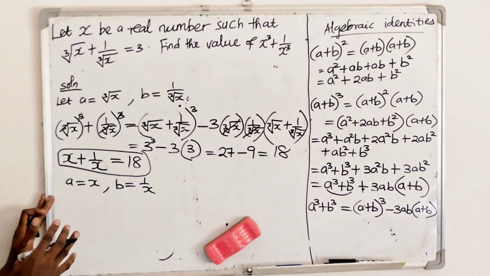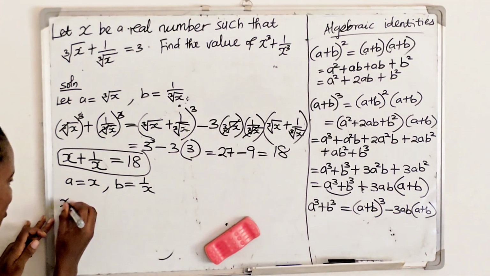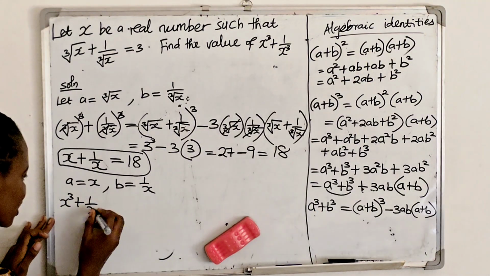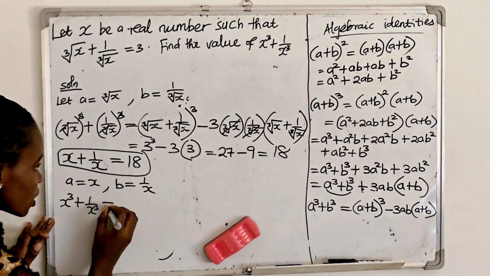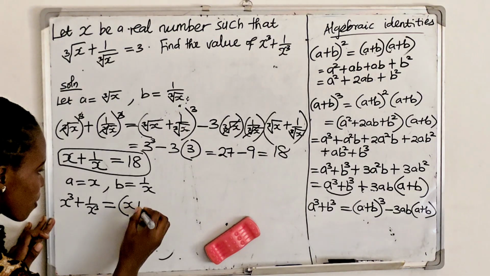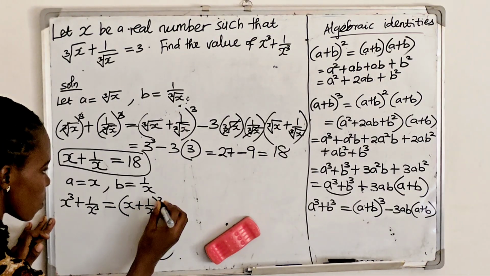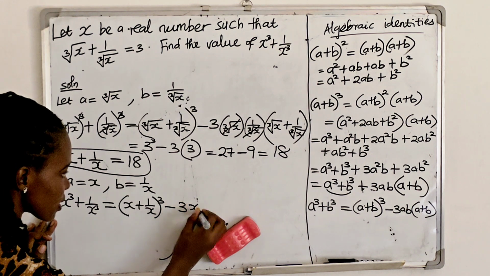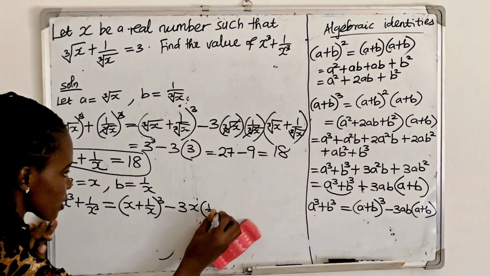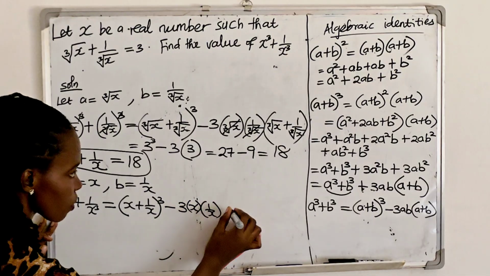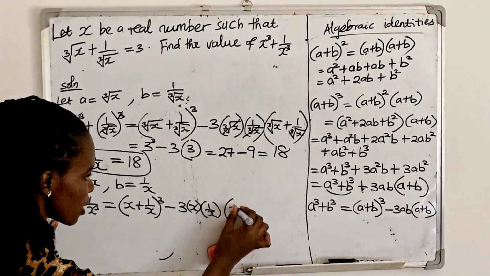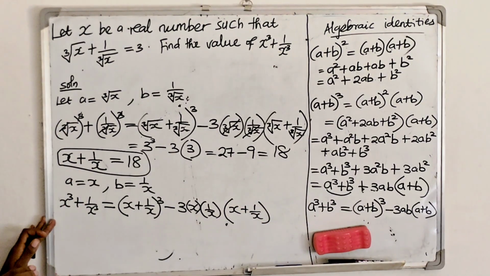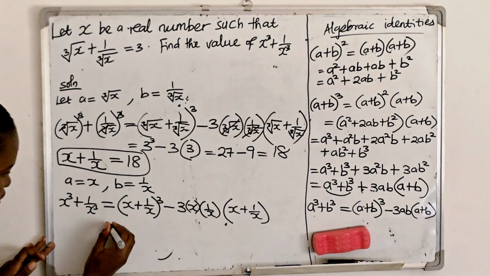So let's start. x raised to the power of 3 plus 1 over x raised to the power of 3 is equal to x plus 1 over x raised to the power of 3 minus 3 times x times 1 over x, bracket x plus 1 over x. Is that understood? Good.